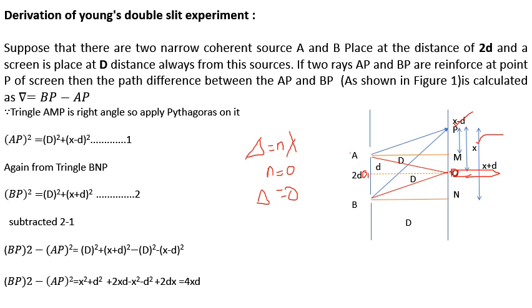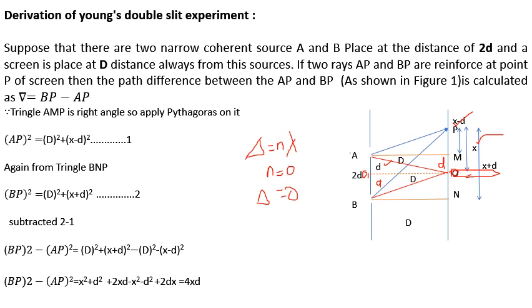In this condition, the distance between A and O1 is small d, and O1 to B is also equal to small d. So in this rectangle AO1OM, the distance between AO1 is equal to MO, and this is also equal to D.